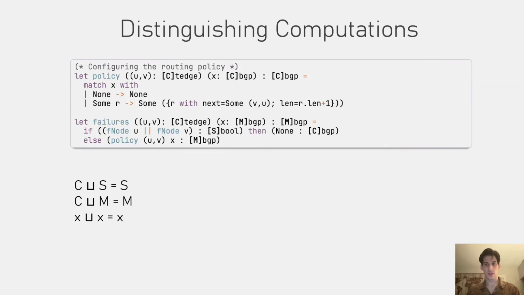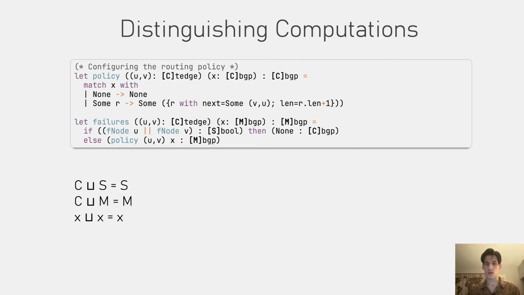To distinguish between the different types of computations, we leverage the type system. Types are annotated with a computation mode, so in addition to the type of the value computed, they also give us information about the computation mode that is used. There are some basic rules about how you can combine the different computation modes. You can almost always combine a concrete computation with a symbolic computation by interpreting the concrete computation as BDDs.